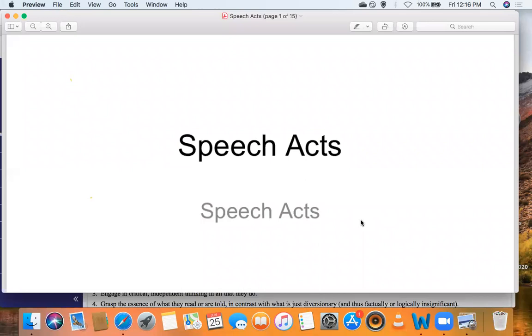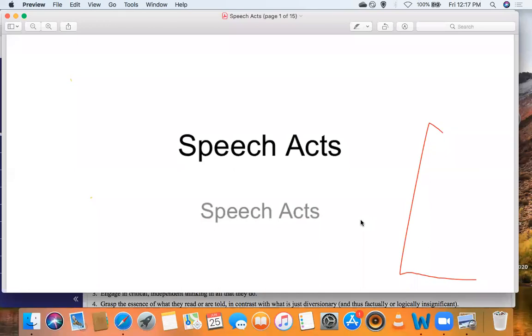So you will see that the first half of the semester is designed to teach you some aspects of language, those aspects that you will be needing the most. It's not really like your English language classes. This one we are just looking at those aspects of language that are important to critical thinking. And we begin with speech acts.